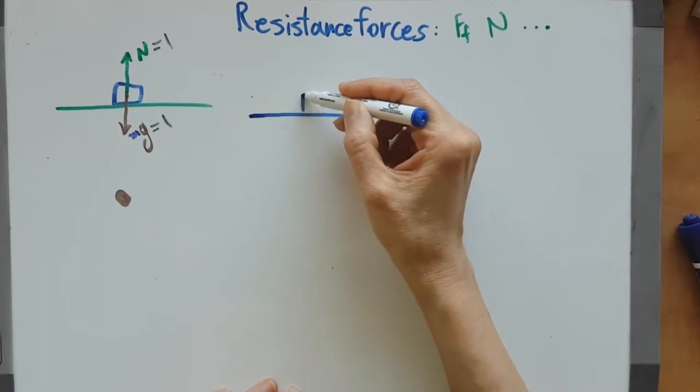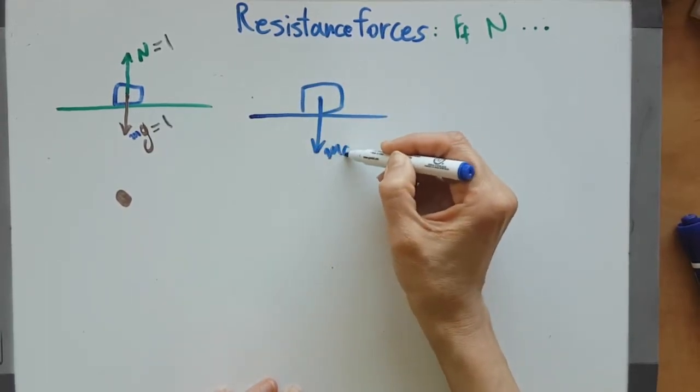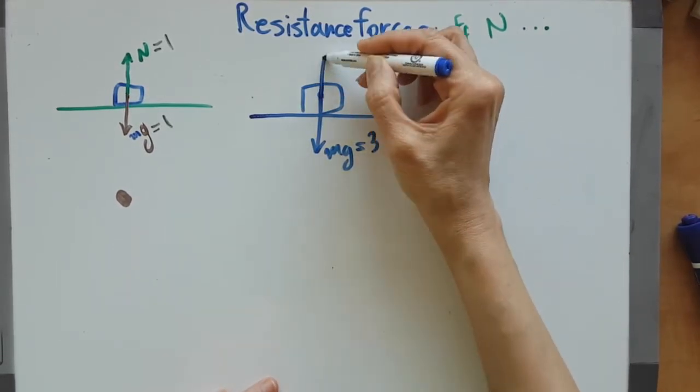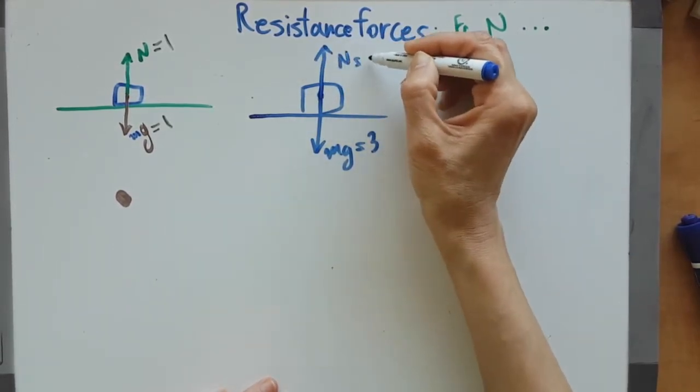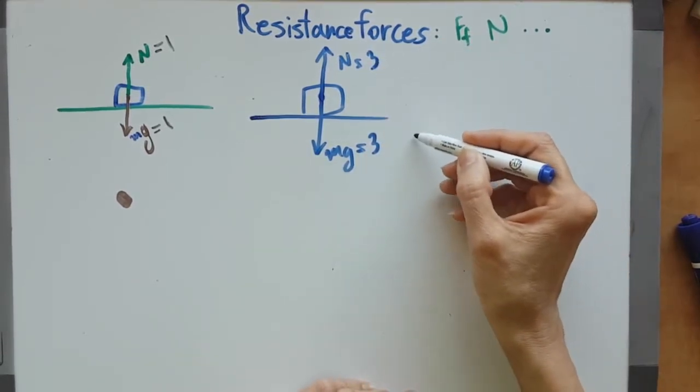I put a heavier box. Let's say this time the mg is 3, and of course the n will appear exactly 3. The resistance of the surface would also be 3. Now imagine you make it bigger.